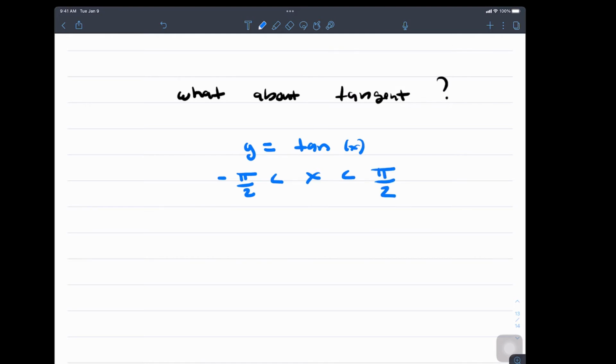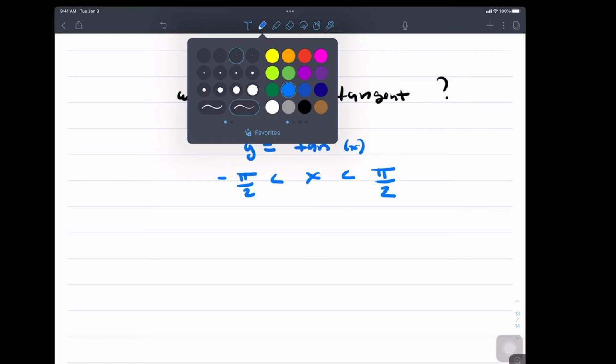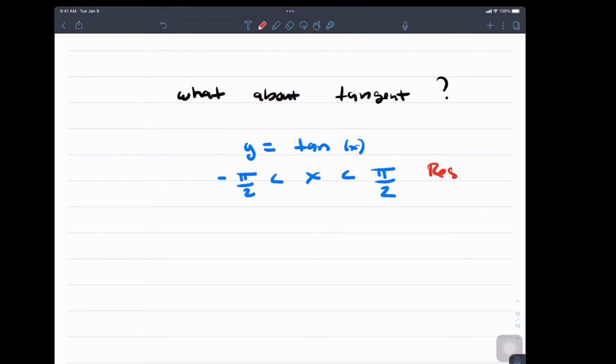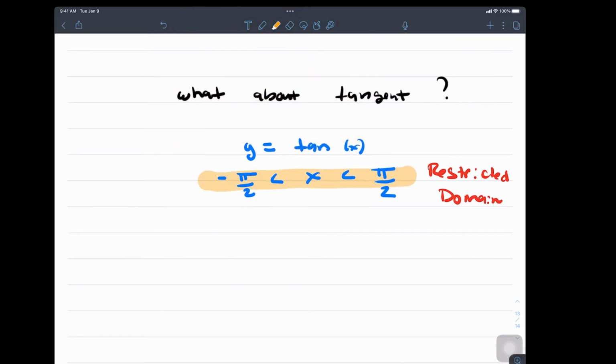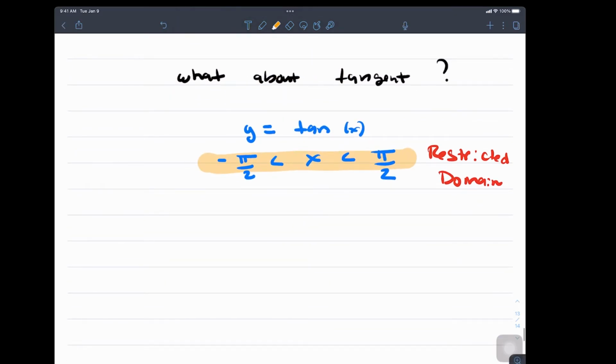Because at pi over 2 and negative pi over 2, tangent is not defined. So remember, this is a restricted domain. I'll color this orange, like I do. Orange is our domain, I guess.